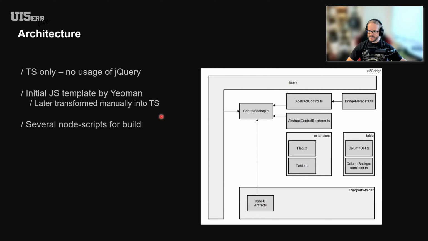As I already mentioned in the beginning, there was JavaScript because there was no TypeScript generator available. So I just used the JavaScript generator and later transformed it manually into TypeScript, which was quite cumbersome and had several learnings, especially the difference between JavaScript and TypeScript.